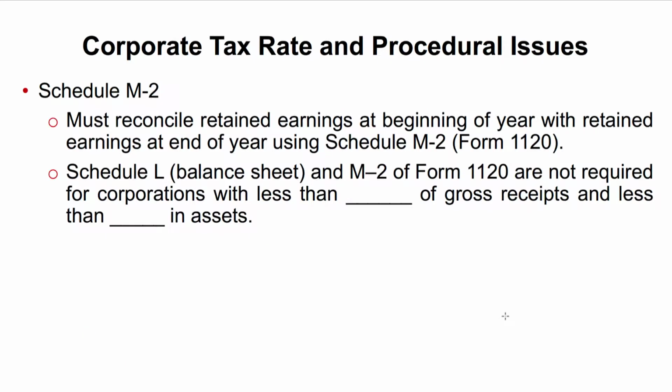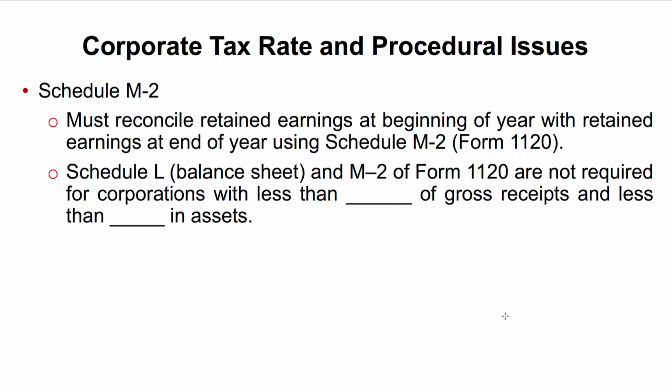Okay, next, M2. Schedule M2 deals with reconciling retained earnings, a financial statement item, at the beginning of the year with retained earnings at the end of the year. It shows what the differences are. Now, Schedule L, which is the balance sheet, and M2 on Form 1120 are not required for corporations with less than, you got it, $250,000 of gross receipts and less than $250,000 in assets.